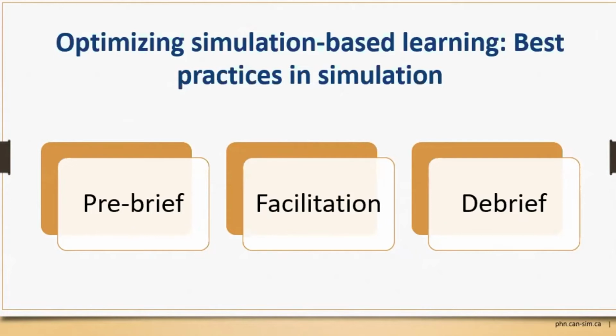The 3 that were applied most to the virtual simulation games were pre-brief, facilitation, and debriefing. Pre-brief is a process that occurs prior to the learner's engagement in a simulation experience and includes preparing learners for the educational content of a simulation and making them aware of the general ground rules in order to establish a psychologically safe environment.